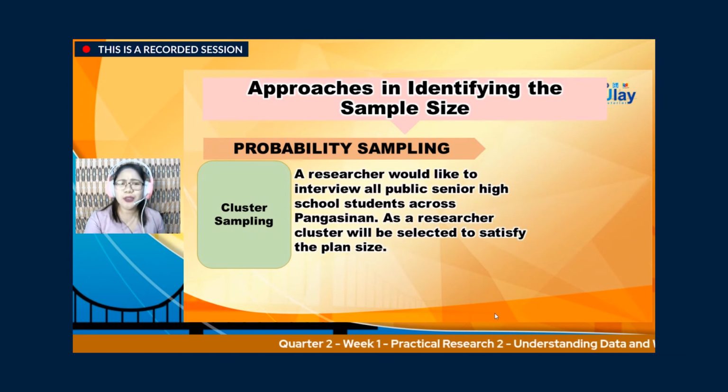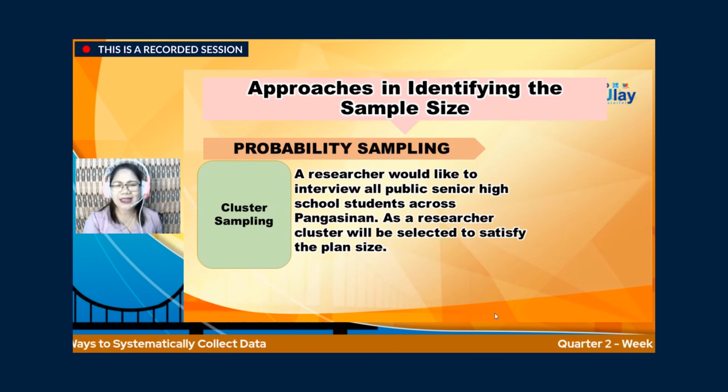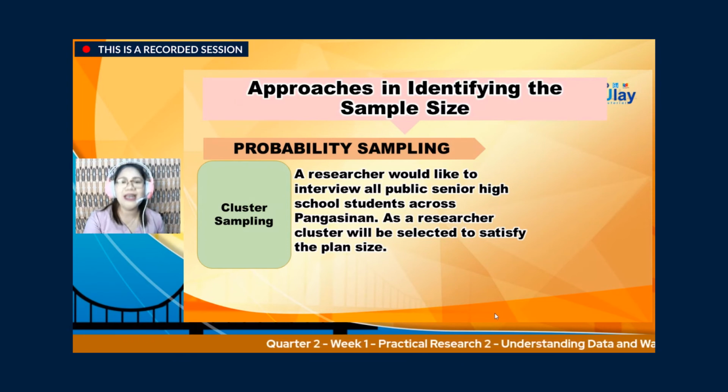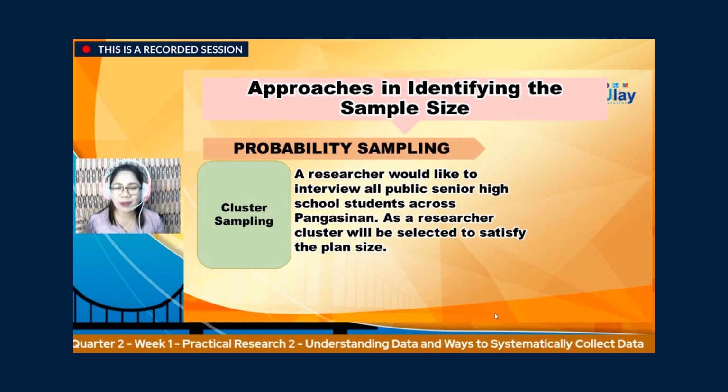A researcher would like to interview all the senior high school students across Pangasinan. As you can see, it's very wide. So, as researcher, clusters will be selected to satisfy the sample size. So, pwede natin siya i-cluster muna before coming up doon sa representatives per cluster. So, kumbaga, i-group natin siya into different clusters and from that clusters, kukuha naman tayo ng representatives nila.